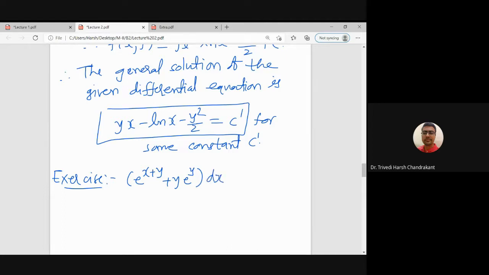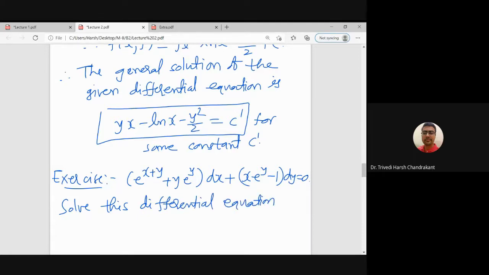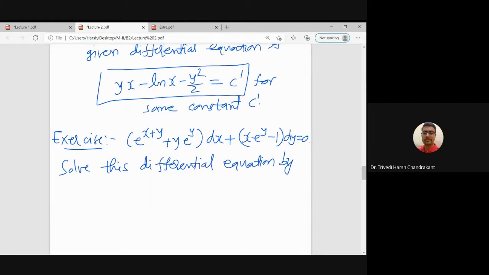Suppose you are given this differential equation. Solve this differential equation by the method of integrating factors.